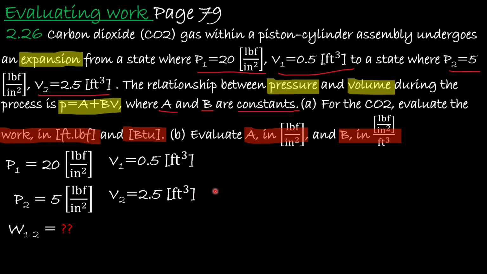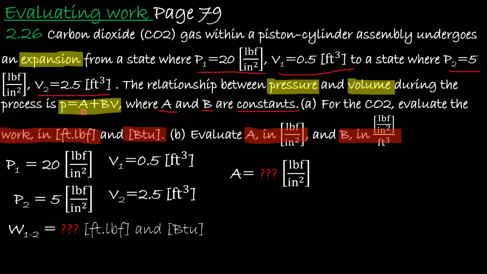And we are asked to find the work from state 1 to state 2 in foot times pound force and BTU. Also, we are asked to find the A value, which is the process relationship, the A and B, these two constants.